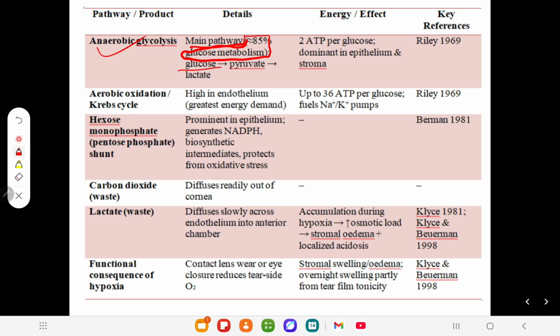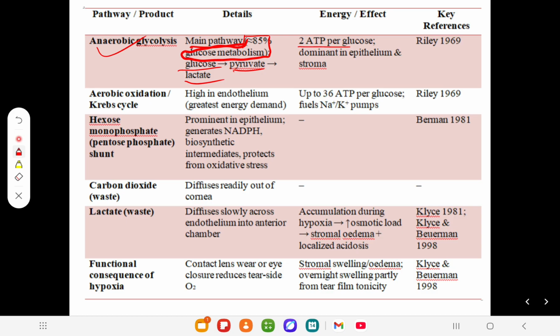Basically, glucose breaks down into pyruvic acid and then into lactic acid, isn't it? In anaerobic glycolysis, only roughly 2 ATPs are produced per glucose, and it is dominant in the epithelium and stroma. That's quite surprising for students. So 85% is done in the anaerobic pathway. The aerobic pathway is very small, approximately 15% or less.